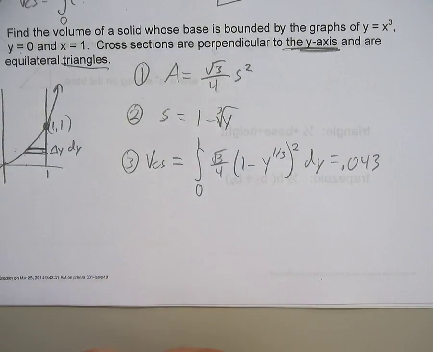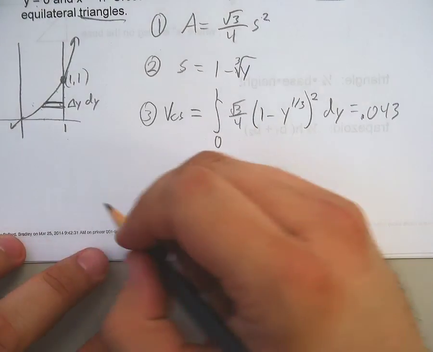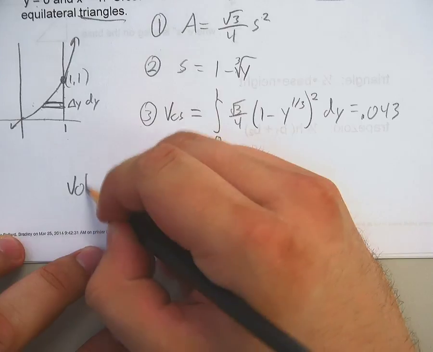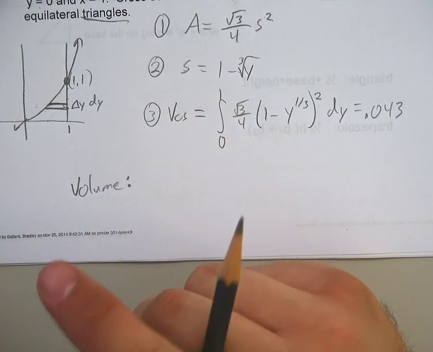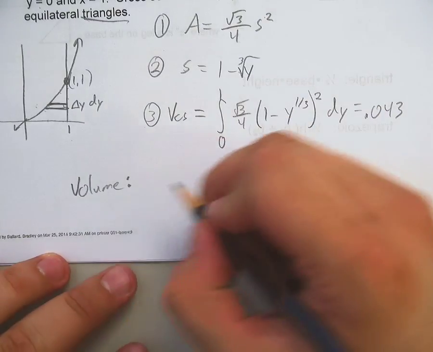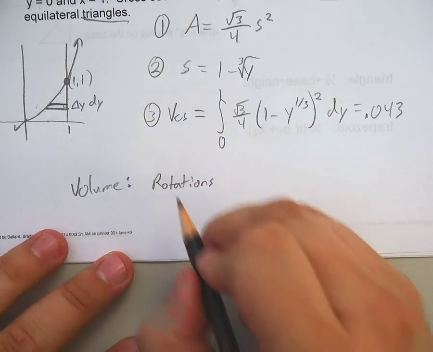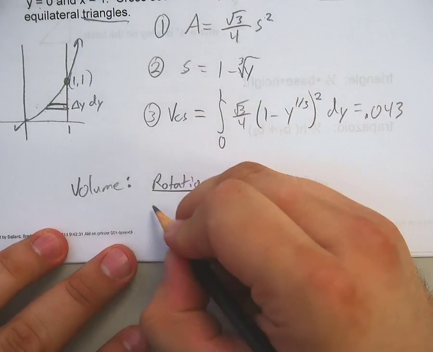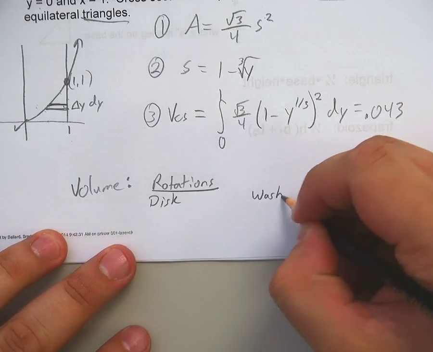All right. So to recap everything here, for volume, we've got three volume formulas. We have our rotations, which is going to be your disk and your washer method.